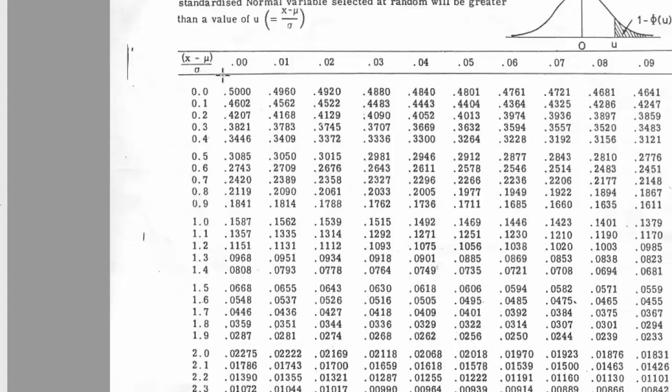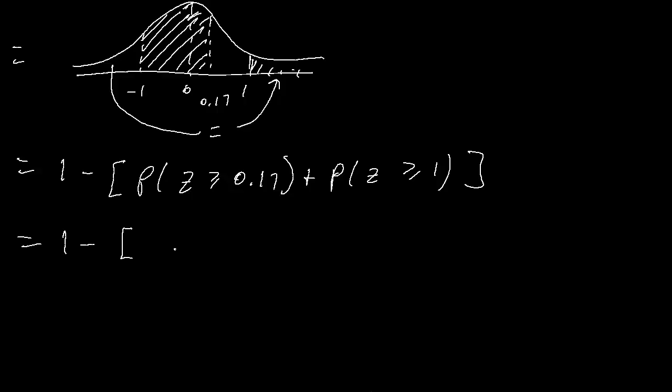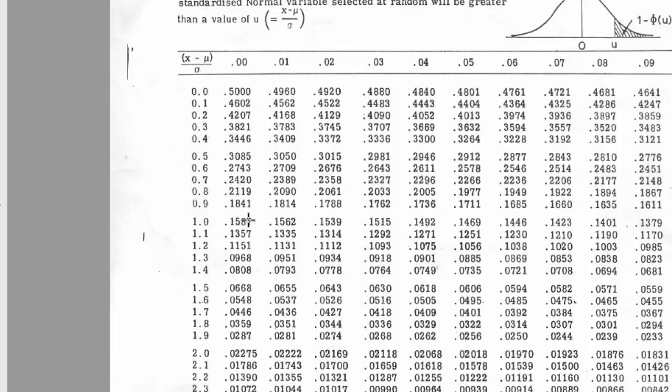So if we subtract this area here and this area here, then we just remain left with the remainder. Looking at the normal table, 0.17 is 0.4325. 0.4325 plus, and I have to find out P of z greater than 1. So we look back in our normal table, P of z greater than 1, which is 0.1587, right here.